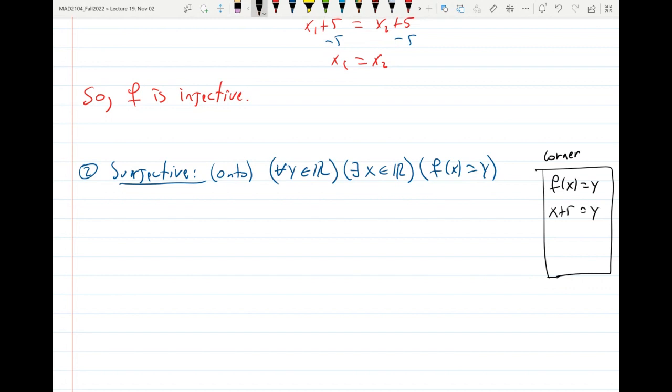Because it's a function, x plus 5. So x must be y minus 5, okay? So now you have your little formula. So now what do you do to actually write the proof? Well, let y be a real number. Now, let's put x to be y minus 5. Nobody can stop you from doing that.